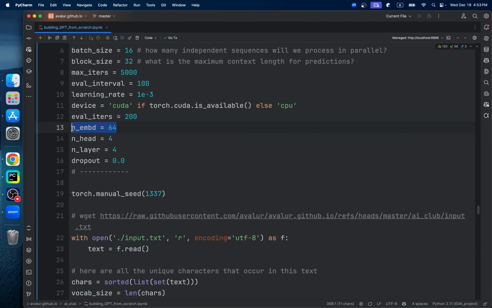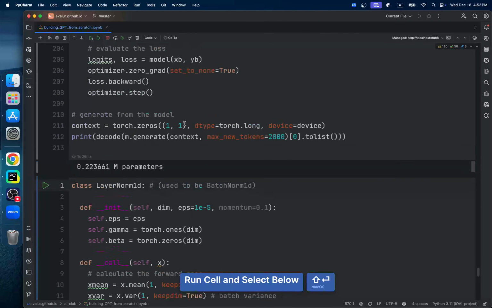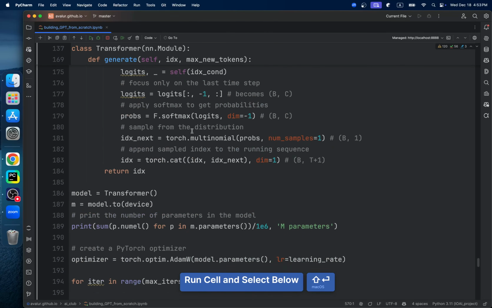Here you see the embedding dimension, so 64 instead of 2 or 32. This is the final embedding dimension for the transformer model. Then n_head is the number of heads, and n_layer is the number of blocks in the decoder. Maybe you remember the big N, the number of transformer blocks, in our slides. Okay, and this is for this transformer model.